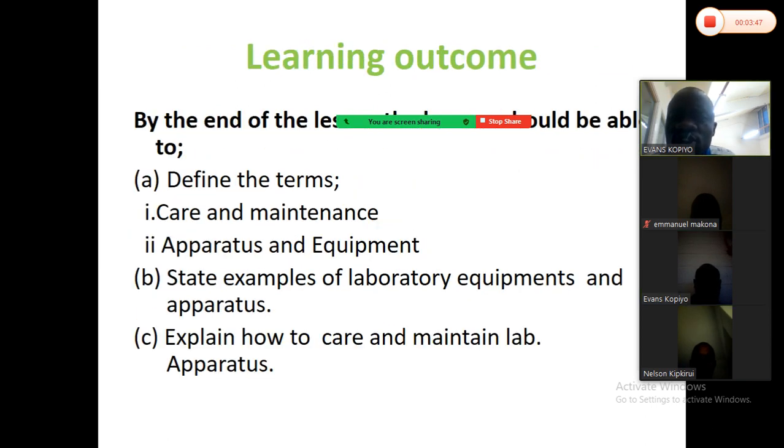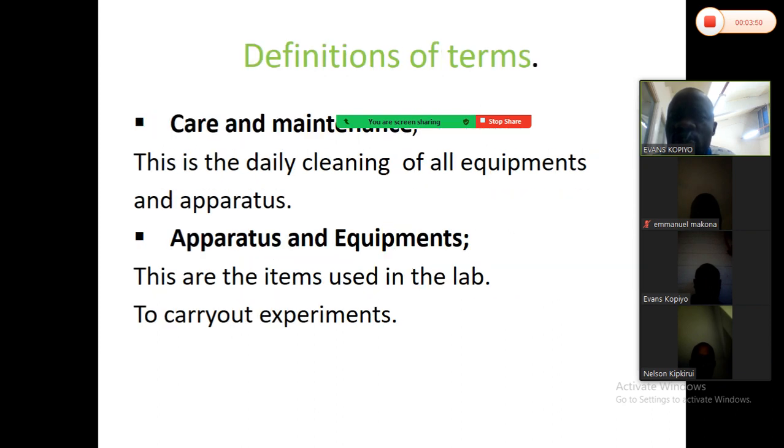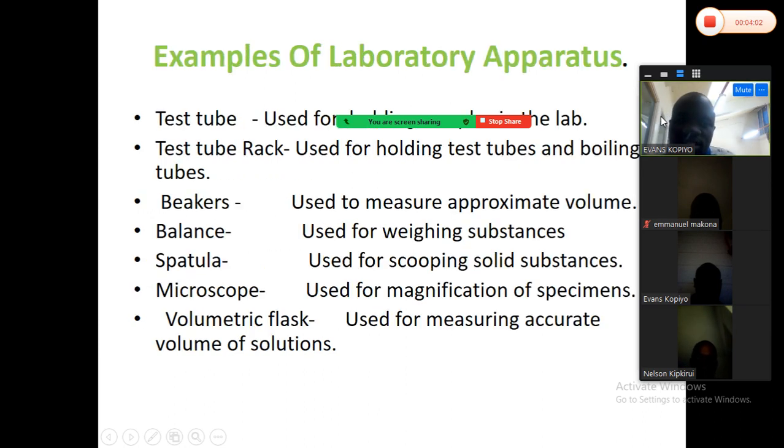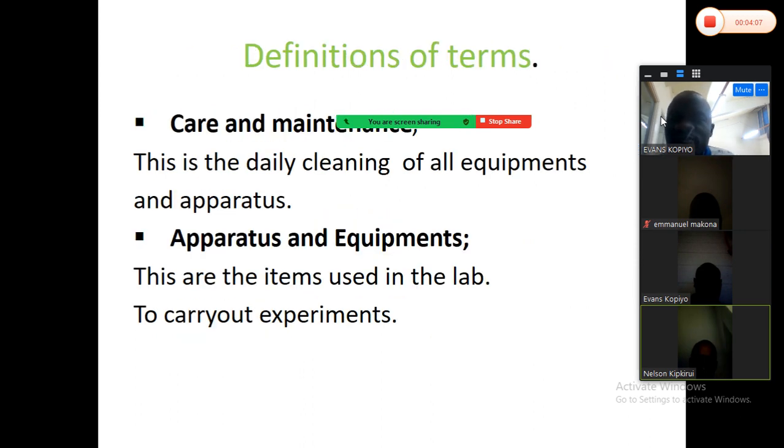After the introduction, we are going to the definition of terms. Care and maintenance: are you able to see it? Yes, we are able.